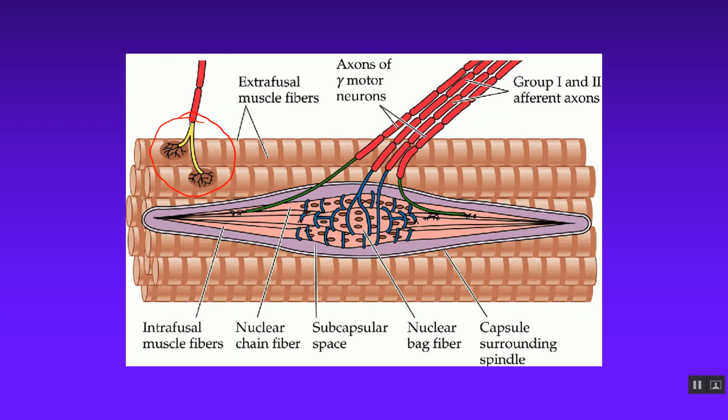These little green ones are gamma motor neurons. The gamma symbol looks like a Y there. Those are the gamma motor neurons going to the intrafusal muscle fibers. Right at the ends are little intrafusal muscle fibers to help adjust the tension within that muscle spindle.